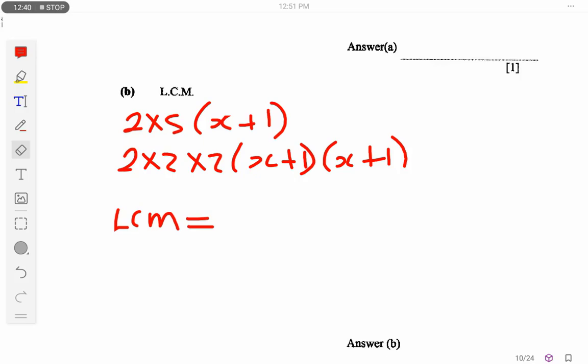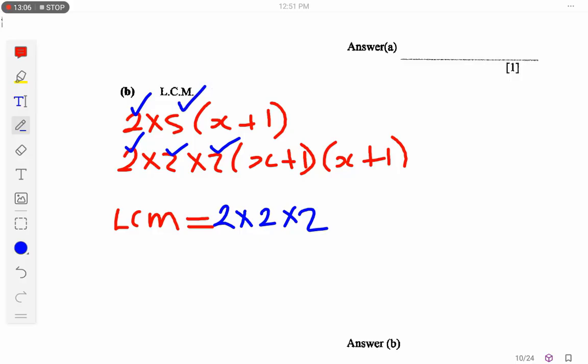Okay, so looking at our question now, to find the lowest common multiple, I will take each and every term. So I'm going to take a 2 here. When I take this 2, I can write 2 times. It's the same as 2 there. I still have 2 more 2s, so I'm going to multiply by 2 here, another 2 here. So I've got three 2s there.